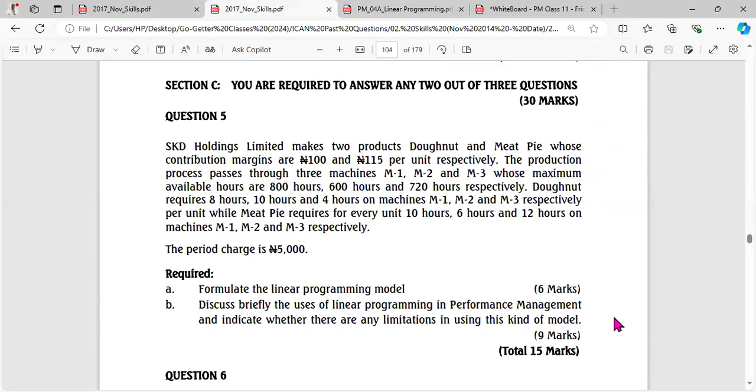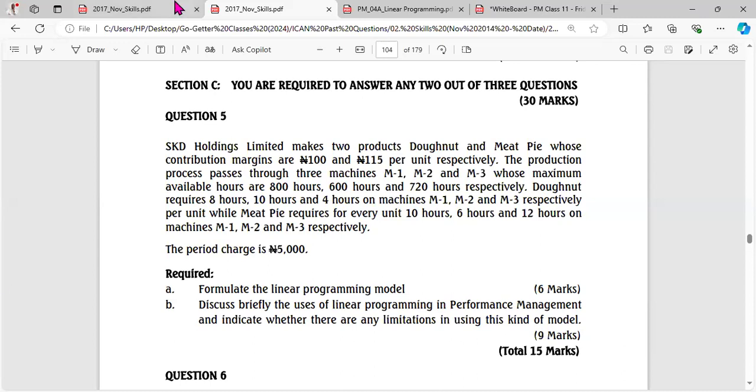This is November 2017, question number 5. We will be using this particular question alone to demonstrate linear programming problems.